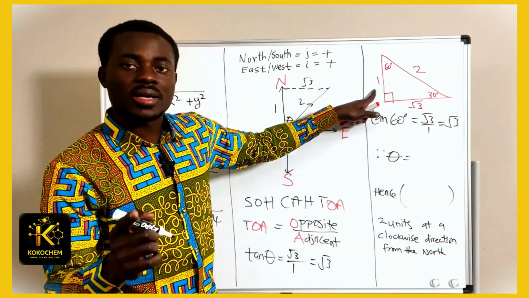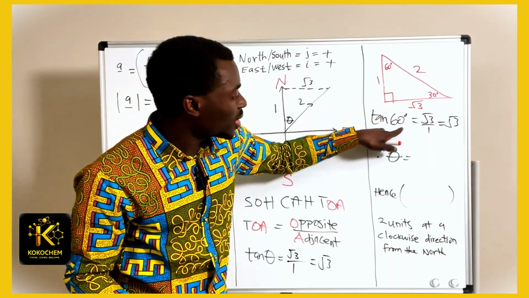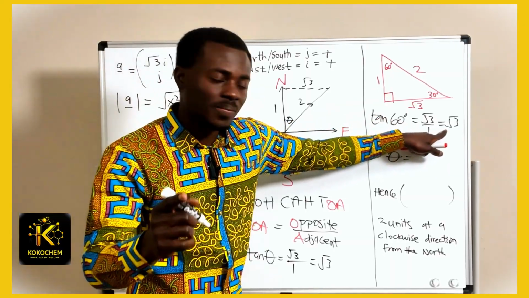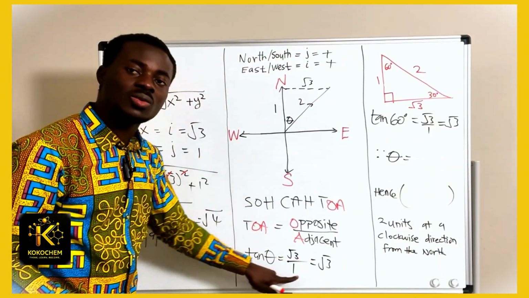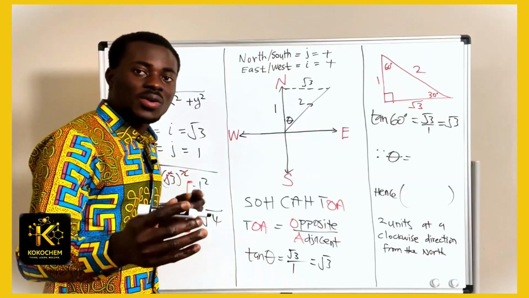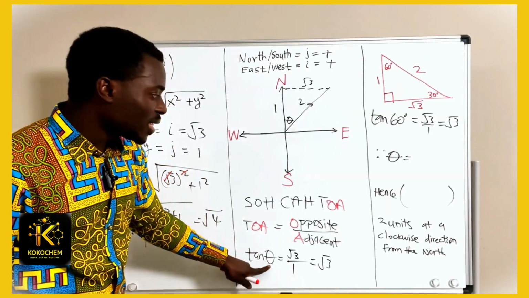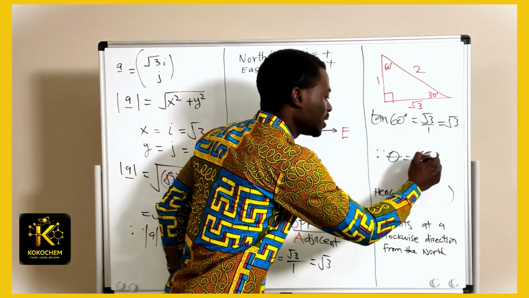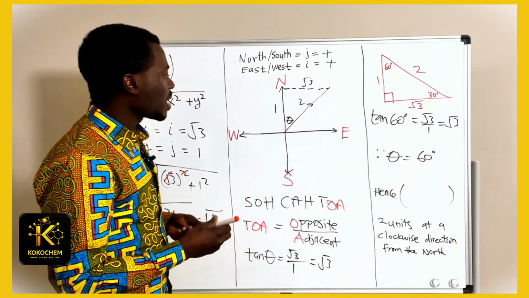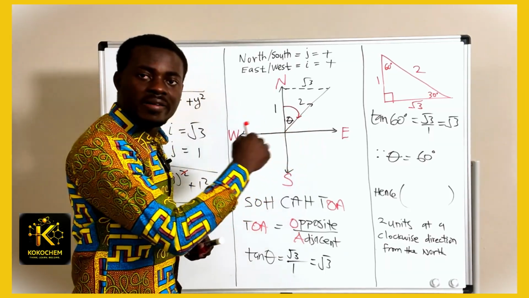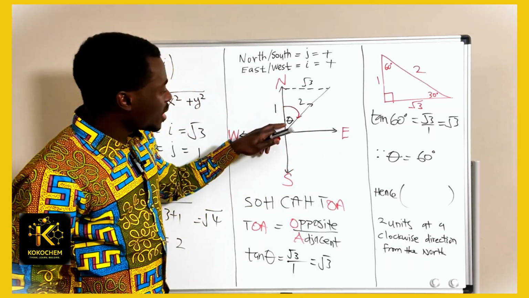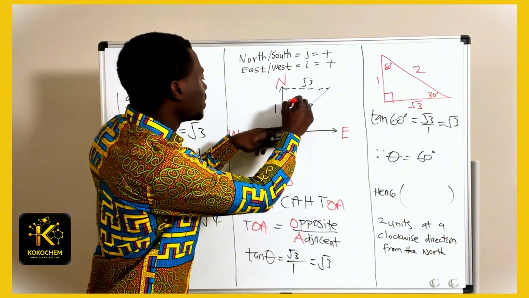So tan 60 degrees is equal to root 3, and from the Cartesian plane tan theta is equal to root 3. By comparison, theta is 60 degrees, measured clockwise from the north pole to the vector's line.